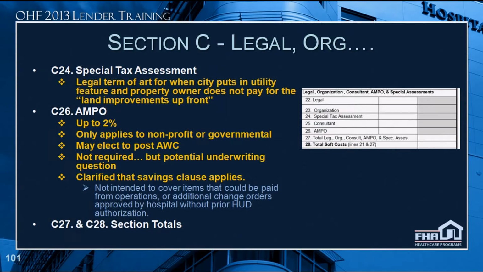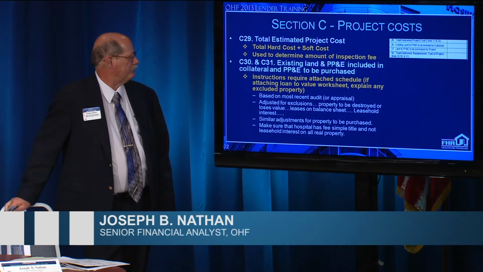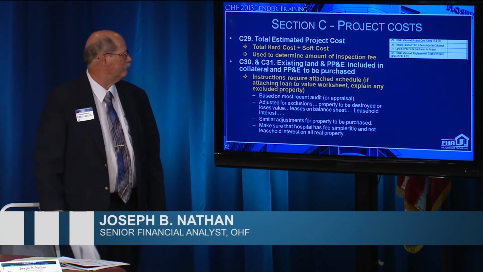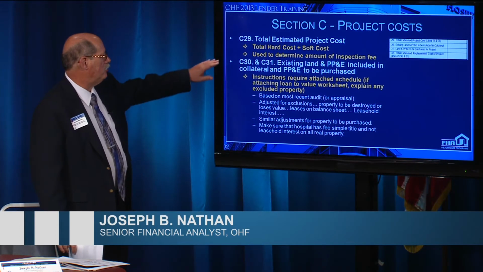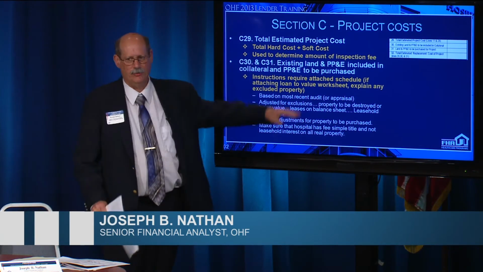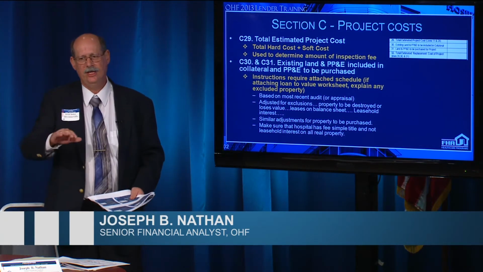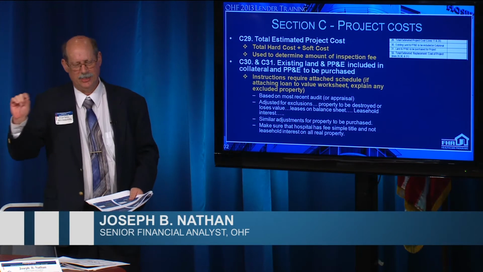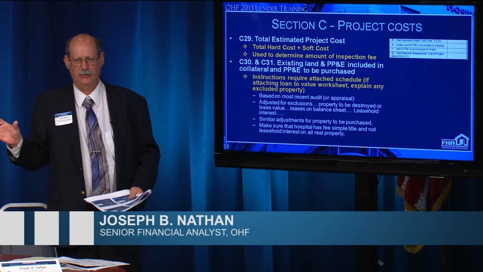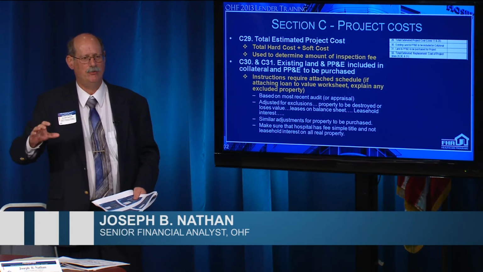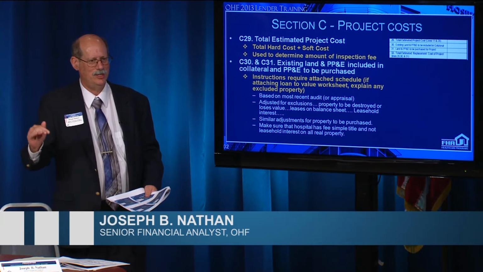Sections C27 and 28, that's your total soft costs and your total legal org costs, so it's just section totals. Let's go to the next slide. C29 here is our total estimated project cost. We redefined the lines here, meaning specified the language to eliminate confusion, because you have estimated replacement cost and you have estimated project cost.